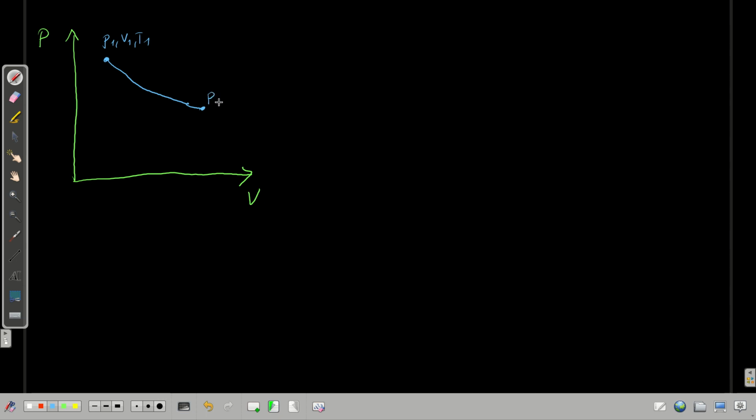Here the final state would be P2, V2 and still T1, because this path, path 1, would be isothermal and reversible.